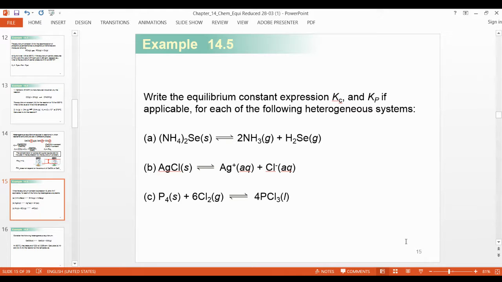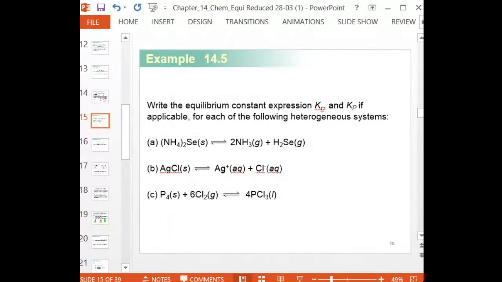Could you write for the third one how to write Kc and Kp? Just tell me now, or you can write on the whiteboard. Okay, just write on the whiteboard, please. Now it is ready. Are you able to write? No, doctor, we can't.